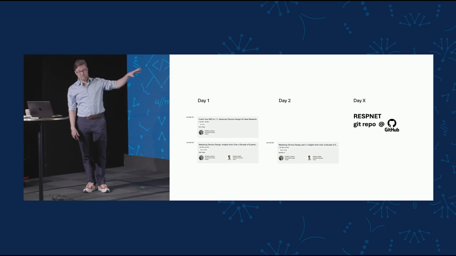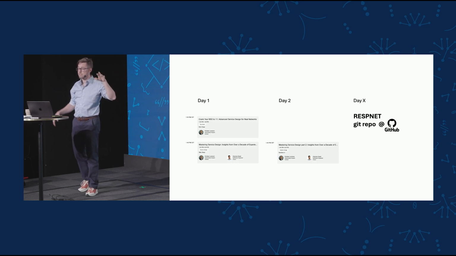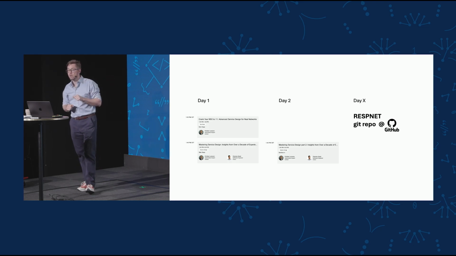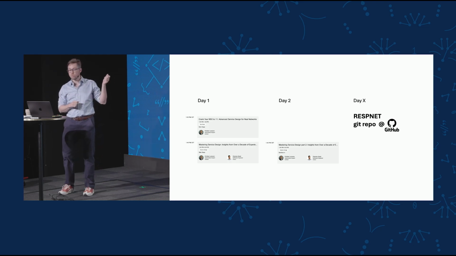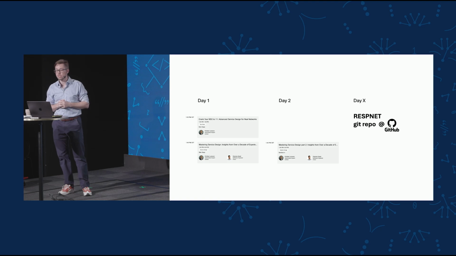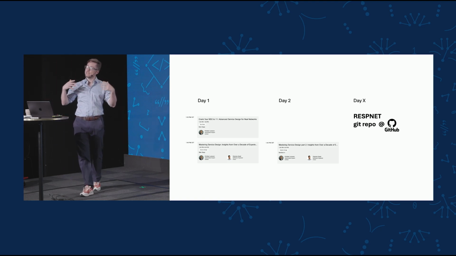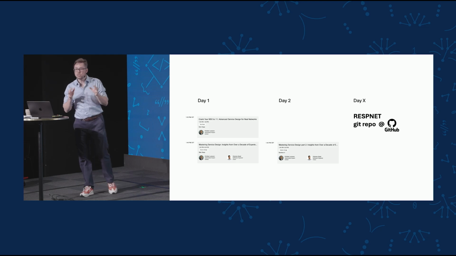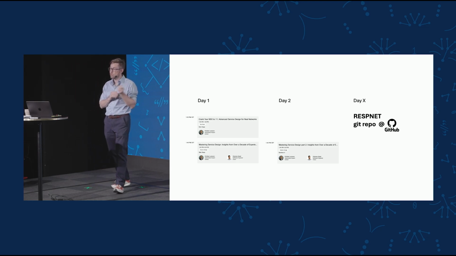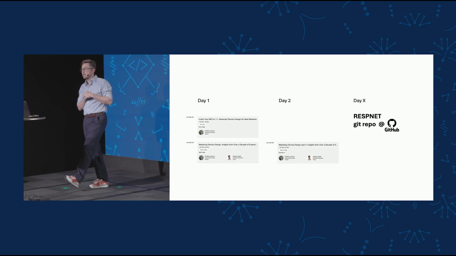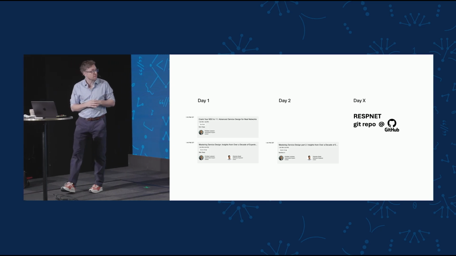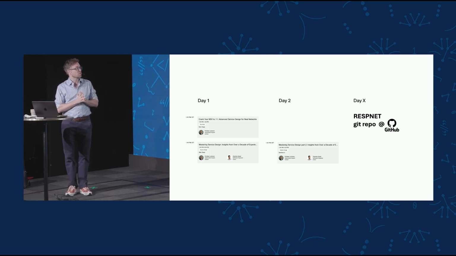Across these sessions, there are many low-level details and high-level concepts that we'll be going through, but it's not just slides. We put together a code base that we call RESPnet, the Realistic Service Provider Network, that embodies all of these concepts, what I think of as an NSO service architecture, into actual concrete code. It's open source and publicly available, so you can grab it from GitHub either today or tomorrow or some other day.